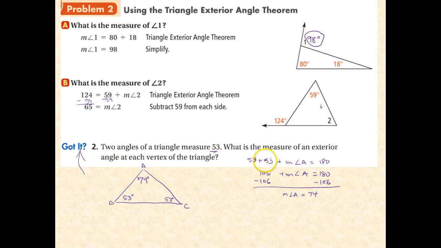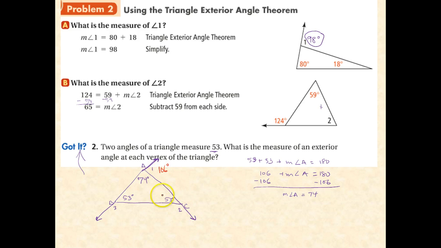Now we want to know the measure of an exterior angle at each vertex. So if I extend this one, this one, and this one, and call them angle 1, angle 2, angle 3, the measure of angle 1 would be 53 plus 53, 106.